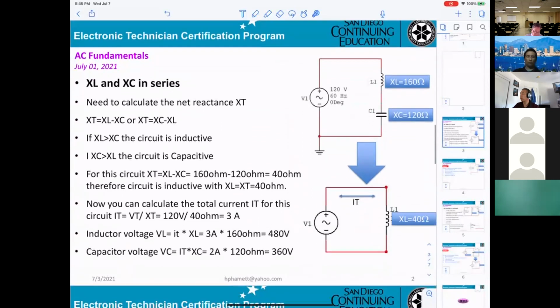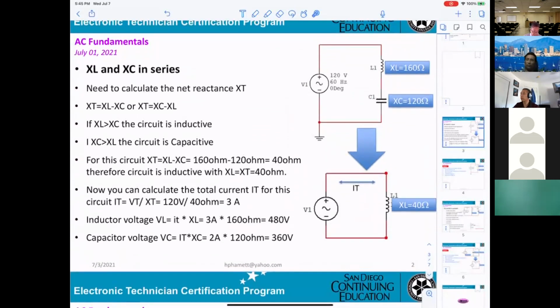Now, we need to calculate first the net reactance, XT or X, it doesn't matter. That means they want to find the difference between XL and XC. So XT will equal XL minus XC or XC minus XL.